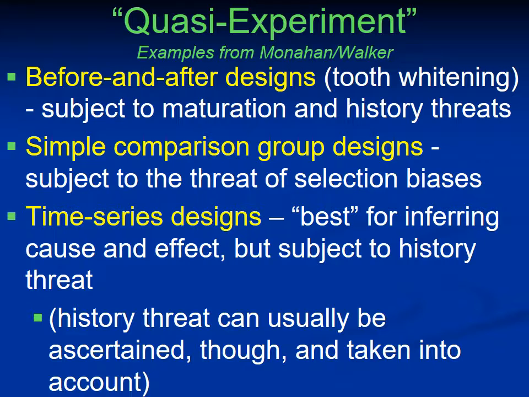Like, for example, in television commercials on tooth whitening, people use the tooth whitener, and then you measure how white their teeth are. Of course, they're going to be subject to maturation threats, history threats, not to mention being subject to other more nefarious threats like photoshopping by the company that sells the tooth whitener product.